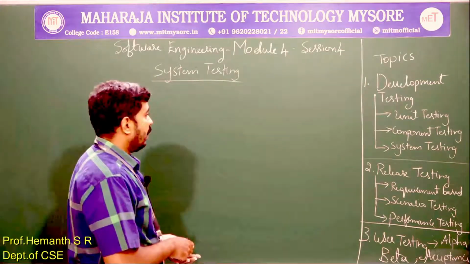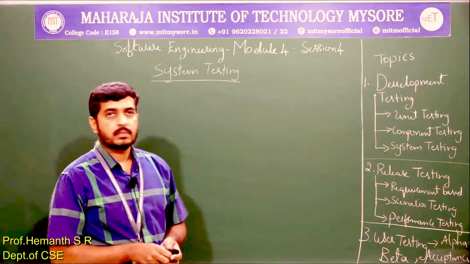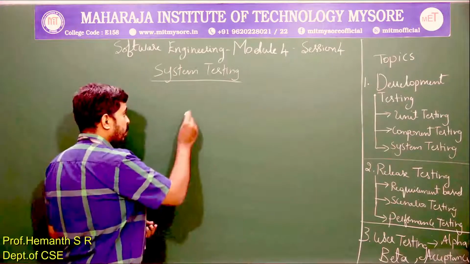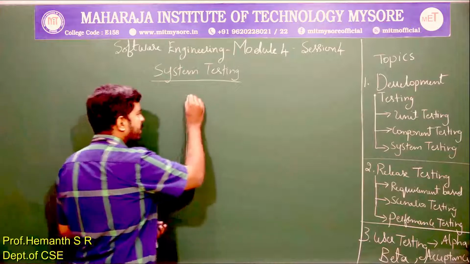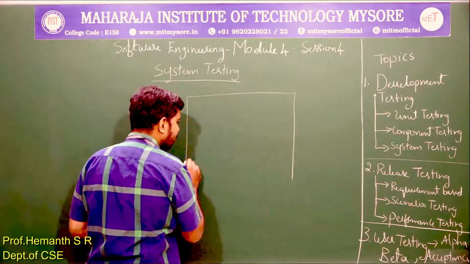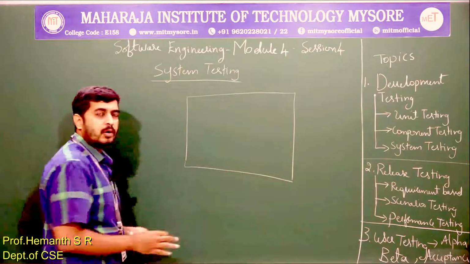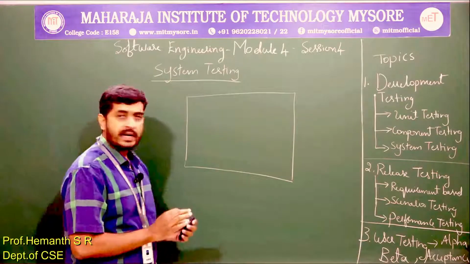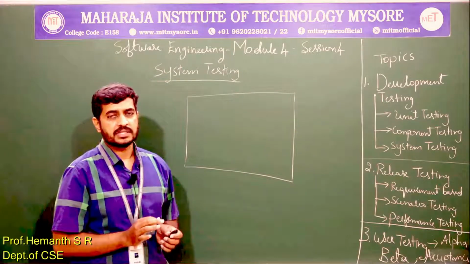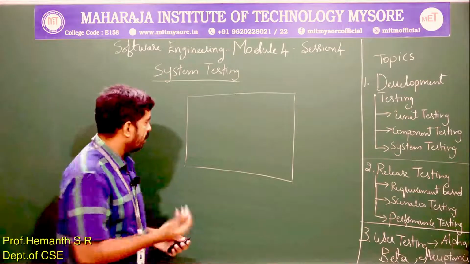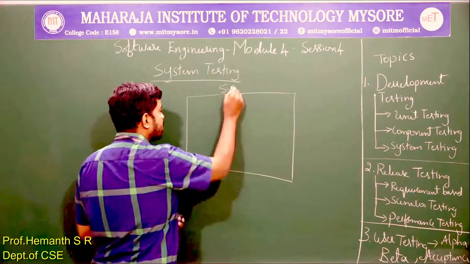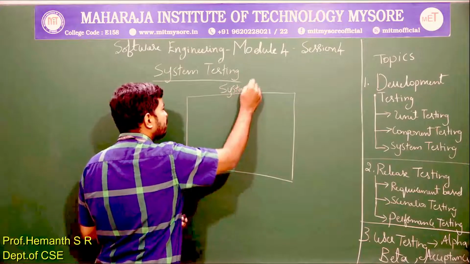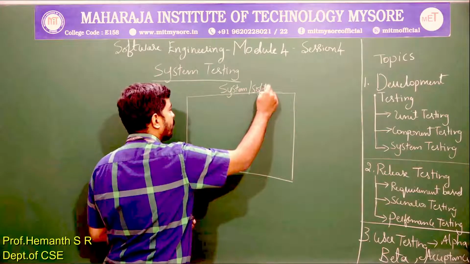Okay. Now what is a system? So the first point we need to understand here is, a system is all components interacting, integrated, working in synchronization. So that will become a system. So for example, this is my system or software. Okay.